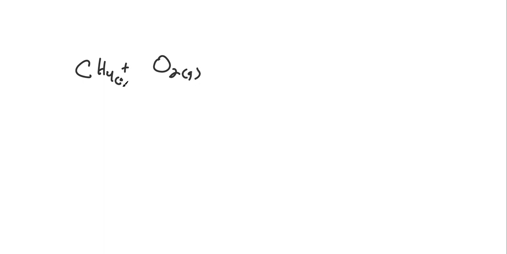Both gas. We know in this kind of combustion reaction, we will get carbon dioxide, a gas, and water vapor, a gas. So looking at this, first of all, Le Chatelier's principle, if we vary the pressure on this system, you notice it's got the same number of gases on each side, nothing will change.